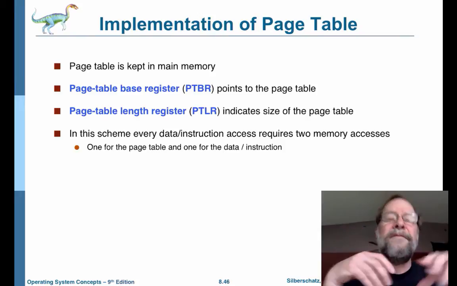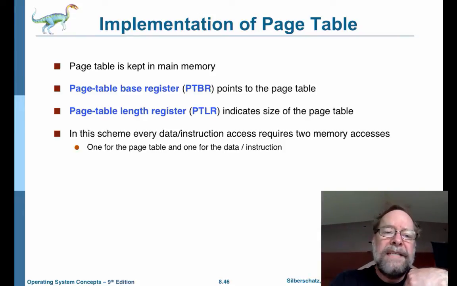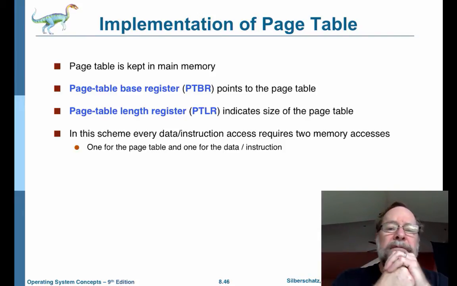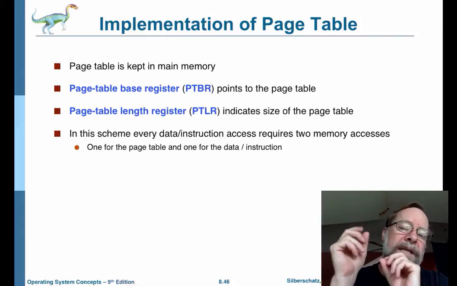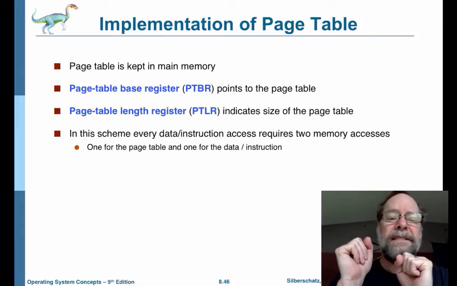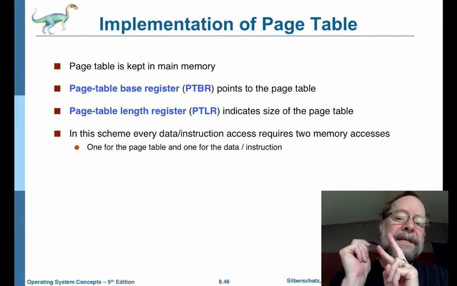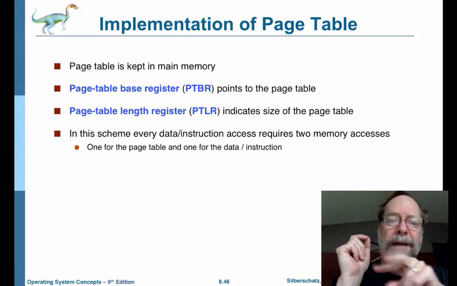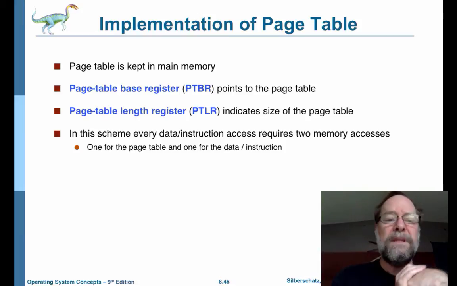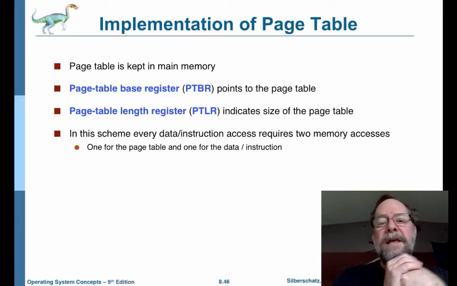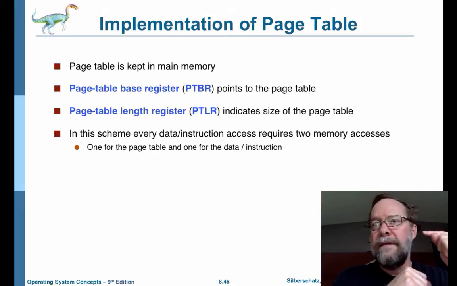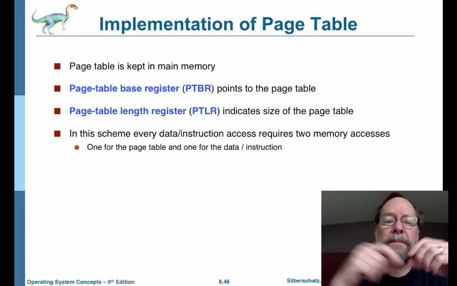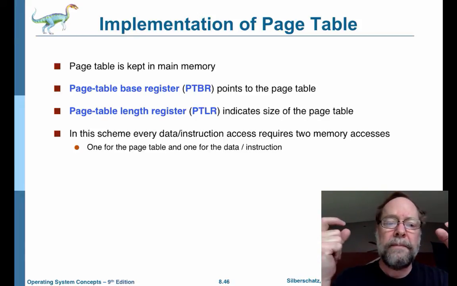Okay, so as I said before, each process typically has its own page table. So when there's a context switch between processes, we're going to maintain 2 registers to reference the page table for the process that's coming into play. So we have the page table base register. That's going to be the address of the first word that comprises the table for our process.